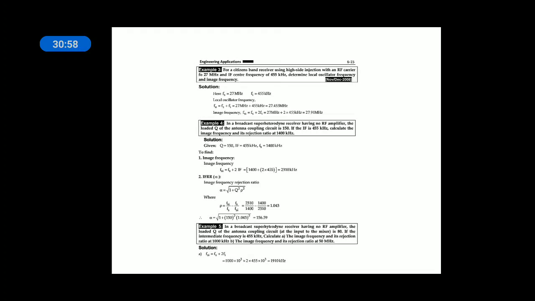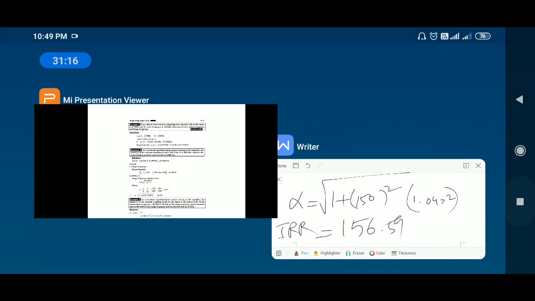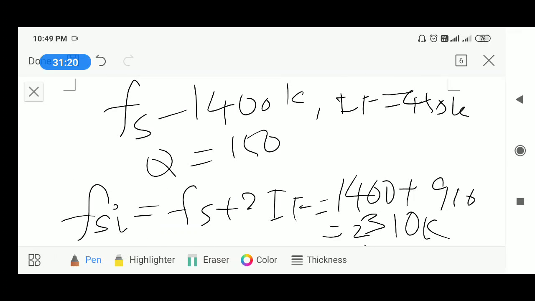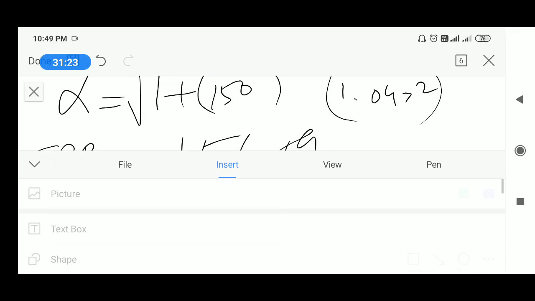They provided Q and IF, and you need to calculate the image frequency and its rejection ratio at 1000 kHz as well as 50 MHz, with IF 455. Take a blank page.